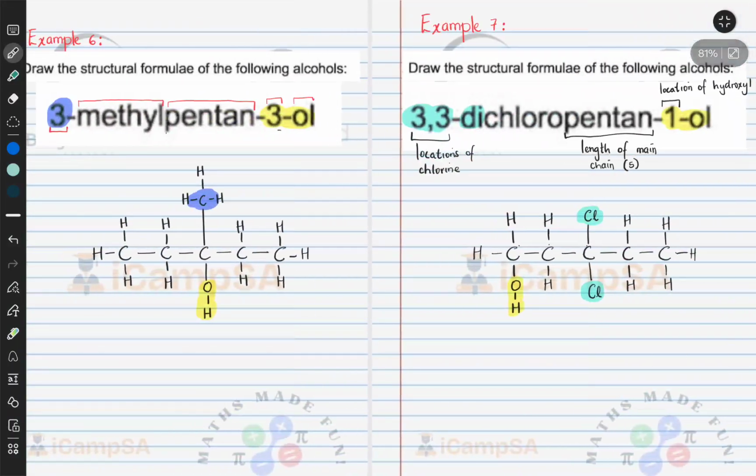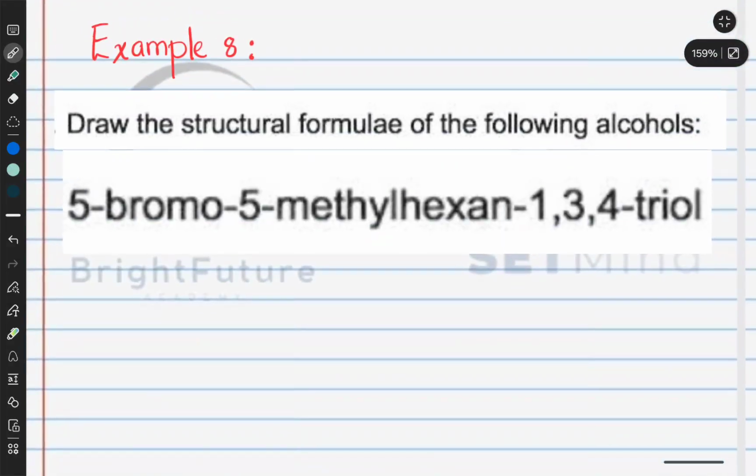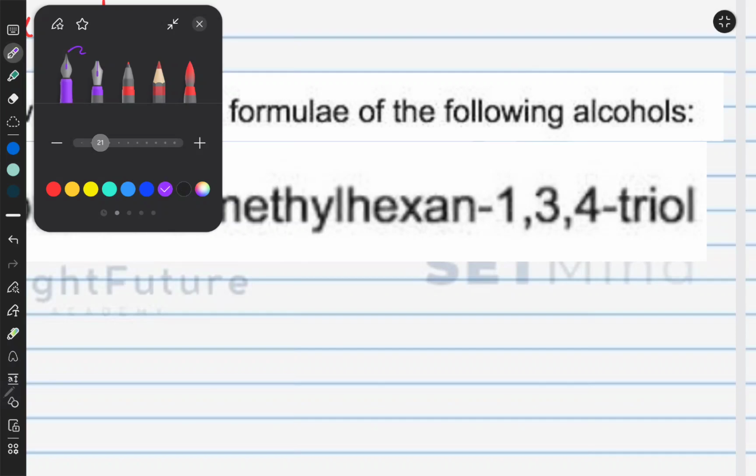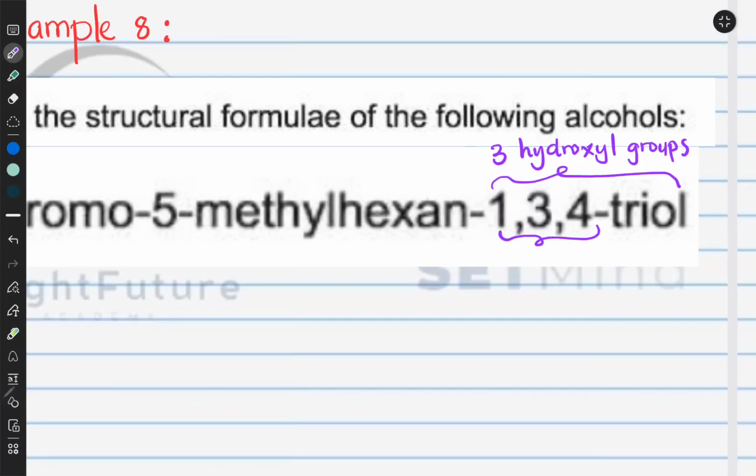All right, let's check the final example. Here we have 5-bromo-5-methylhexane-1,3,4-triol. So this one tells us that there are 3 hydroxyl groups, and these are their locations.